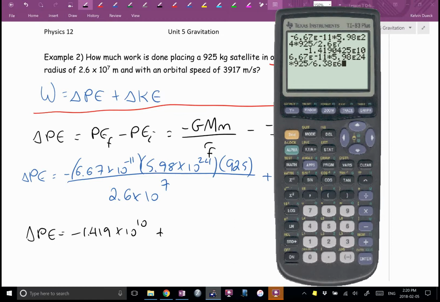Common mistakes. Sometimes kids forget to delete the negative. Well, you'll get a negative here, multiply that by negative 1, and now you've got the positive answer that you always wanted anyways, right? Do you get 5.7829 times 10 to the 10th? No? Yes?